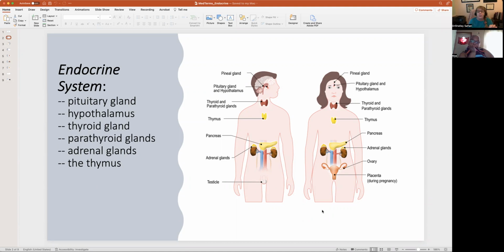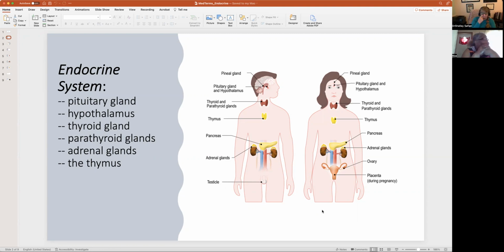And when you think about the adrenal glands, think about the word like this: ad-renal, because that's going to remind you where they are. The adrenal glands are on top of the kidneys, right there, that little yellow cap on top of the kidneys.